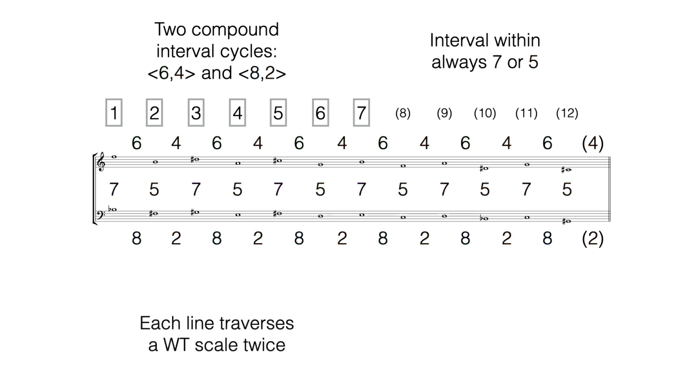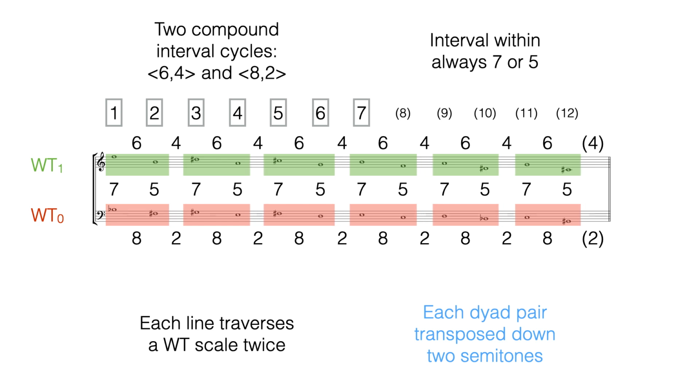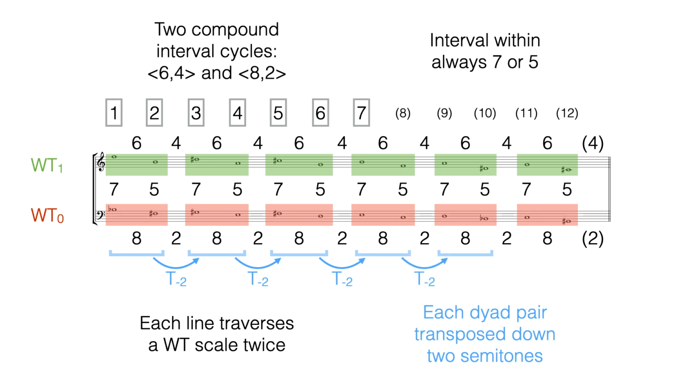Each line traverses one of the 2 whole tone scales twice, and the whole complex involves a sequential pattern in which a pair of dyads is transposed down 2 semitones each time. In this array, the upper melody alternates intervals of 6 and 4 and moves entirely within one of the two whole tone scales.